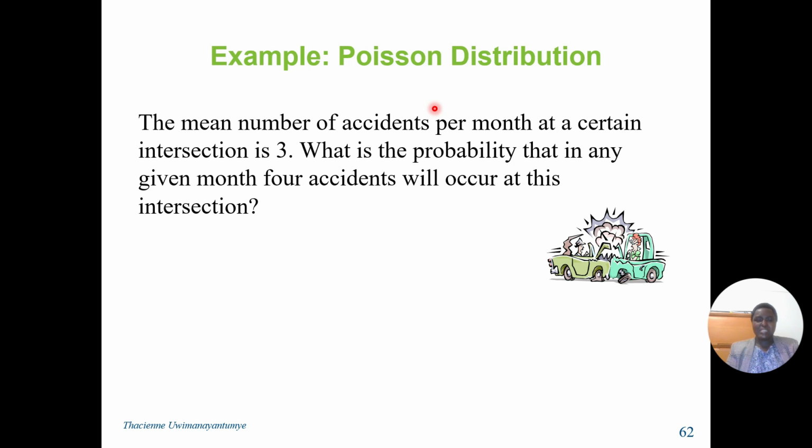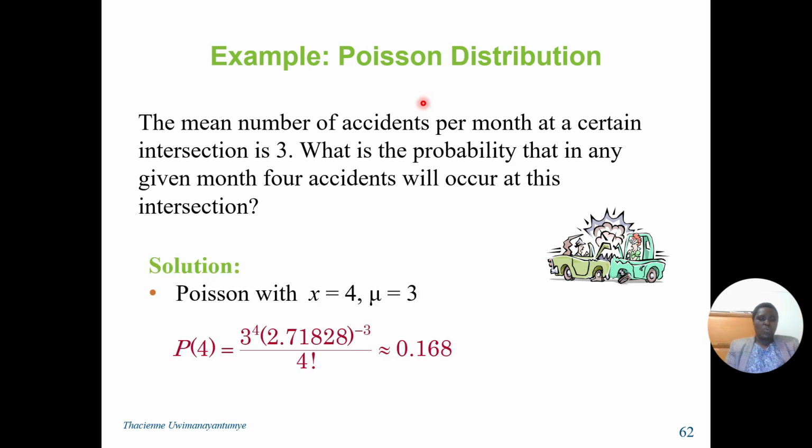We will use this formula. We have x equal to 4 because we are finding the probability of having 4 accidents in a given month, and knowing that the mean number of accidents in a month is equal to 3. So we apply the formula: mu power x times Euler's e power minus mu, over 4 factorial, and then we get that one.